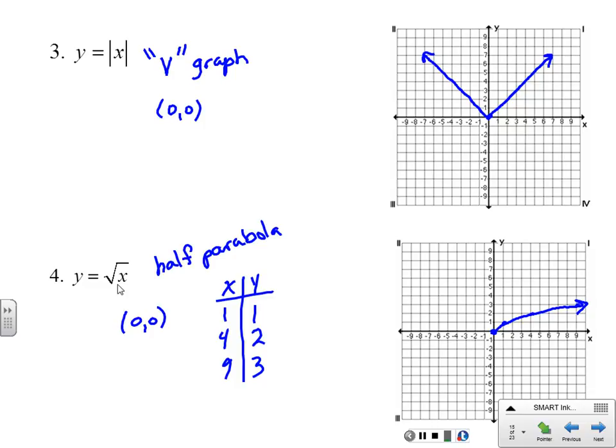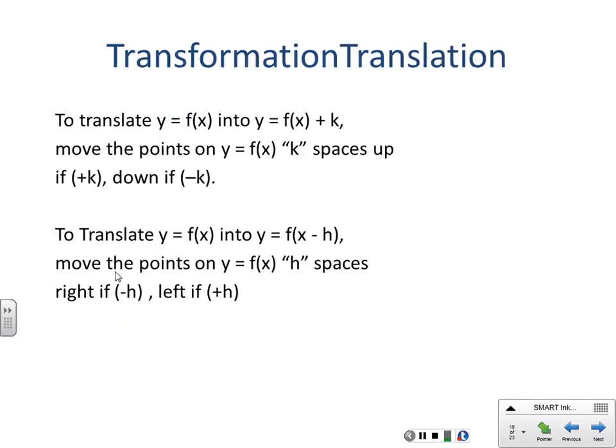But you've got to know in your mind what it looks like before you can get it on the graph. That's where the memorization comes into play, or use your parts. Okay, so you know that if you have a function and there's a number out there by itself, that's your K. That's going to shift your graph up and down. K goes with Y.